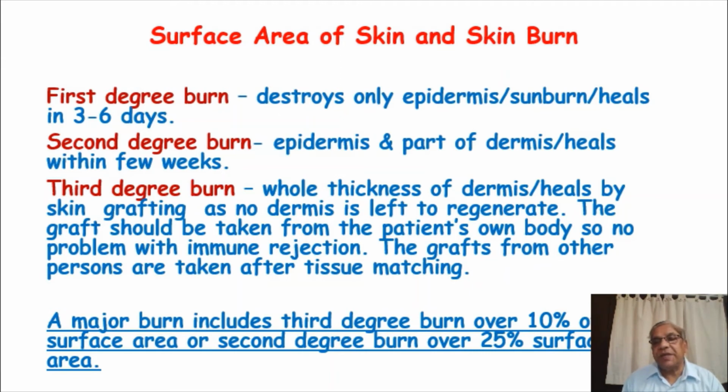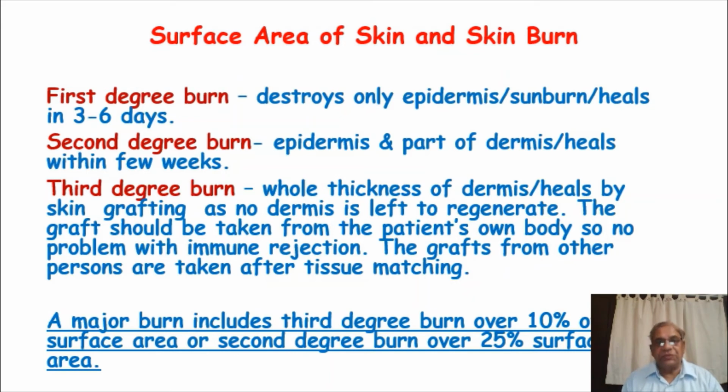The reason is that here your epidermis is only destroyed, and epidermal cells grow very fast from the stratum basale. The stratum basale cells will divide very fast and will push the surface cells, so new cells are formed very quickly. So it takes only 3 to 6 days to heal, that means your color will once again improve. Second degree burn.